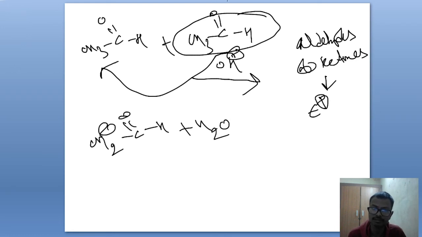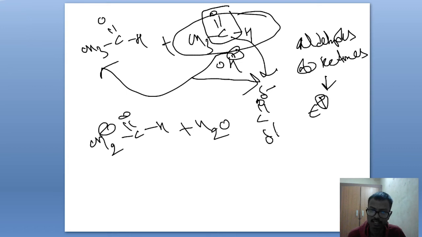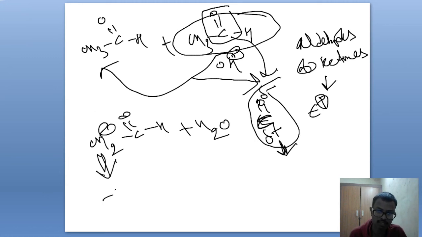Because here we have a partial negative charge over the oxygen and a partial positive charge over the carbon. So the carbon of the carbonyl group is electrophilic. Now here we have a negative charge. Negative charge means nucleophile.